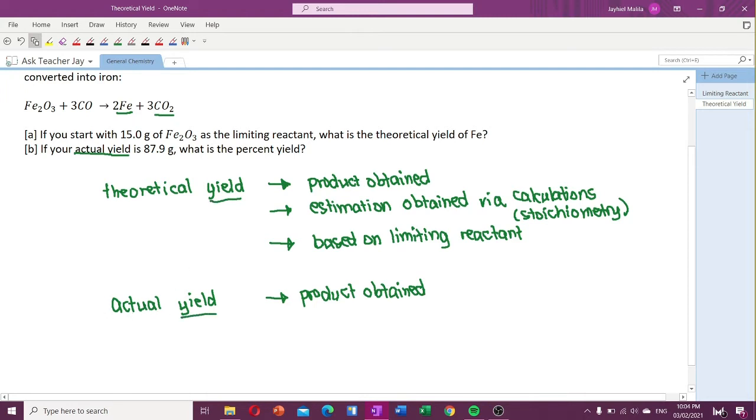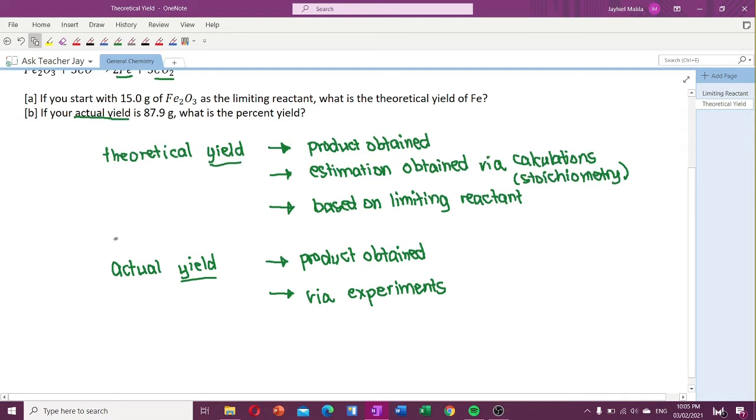But since there is the word actual, it means that the actual yield is the amount of product obtained via experiments, via actual experiments. So that means the actual yield value is not determined via stoichiometry. You need to do the actual laboratory experiment to extract, to separate components just to get the product of focus that you want to obtain.